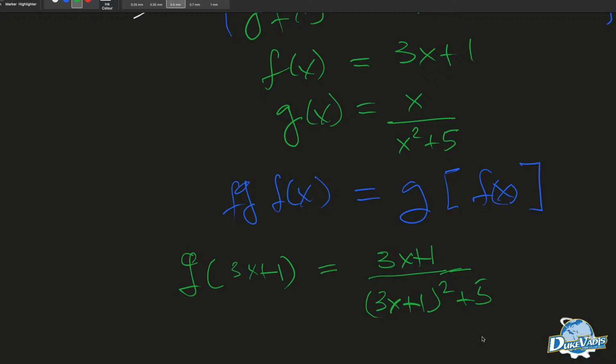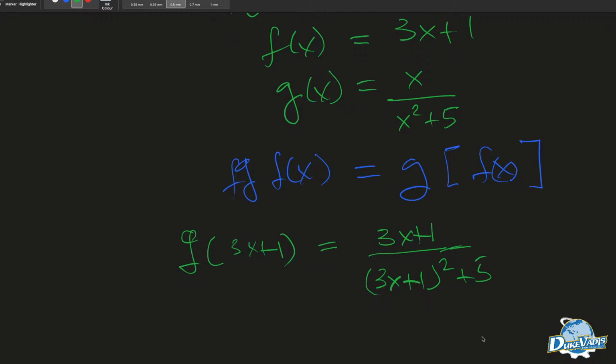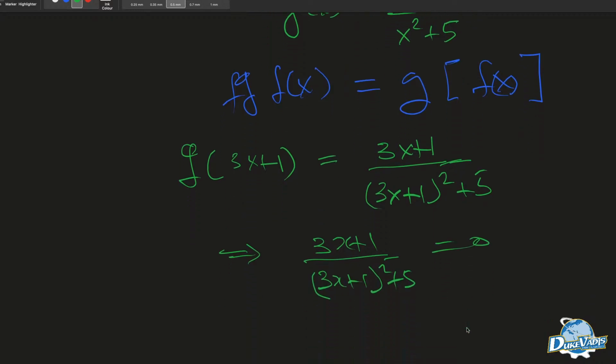So that is what the question says. It says g stands as f enters. So g f of x is given as you can see. With this, it's interesting to understand that even when we expand, our solution will be straightforward. So this implies that this whole equation, 3x plus 1 over 3x plus 1 squared plus 5, is equal to 0. Right? So what do we do?